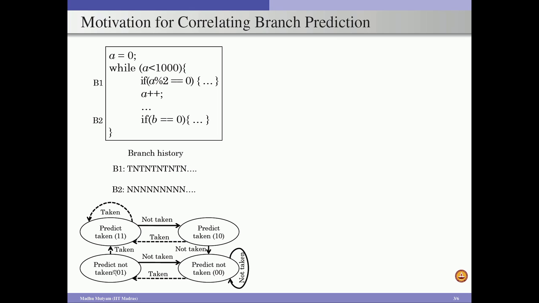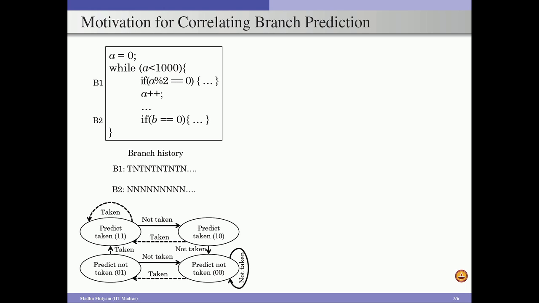And we move from predict not taken to predict taken, that is from 0 to 1 only when we have 2 mispredictions. So, one misprediction will be by taken path, and then the other one will be again by another taken path. So, that we will go to predict taken and the value will be changed to 1, and from here again we will go to predict not taken only if you have 2 mispredictions, that is not taken and not taken.